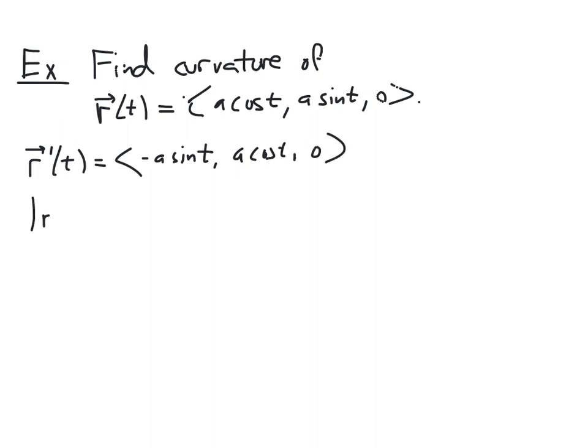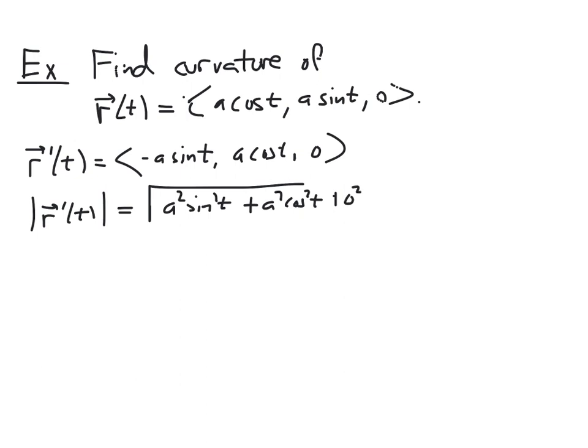The magnitude of this vector, we're going to get a squared sine squared t plus a squared cosine squared t, of course, plus 0 squared. And when we do that, we can factor out the a squared, and we just get the square root of a squared, because sine squared plus cosine squared is 1. And so this is a.